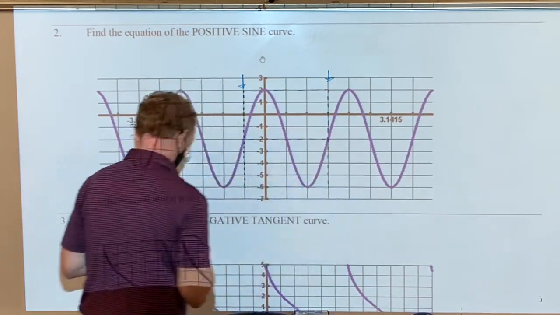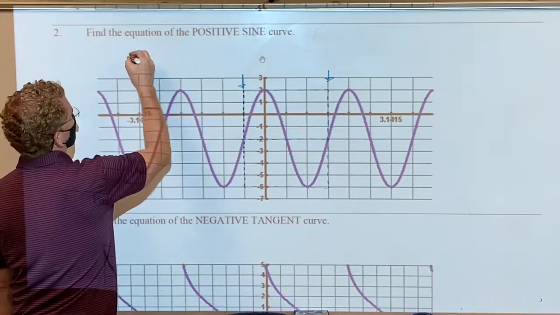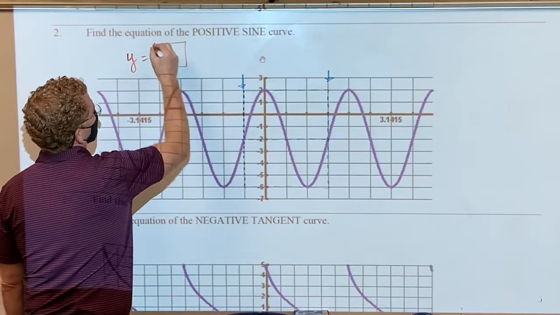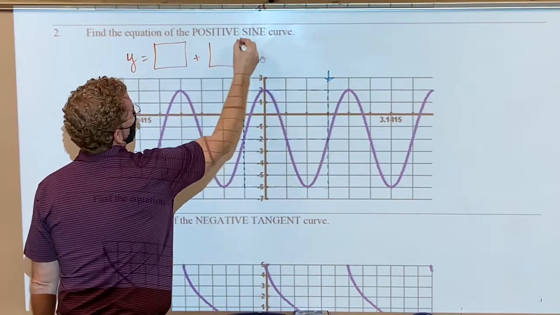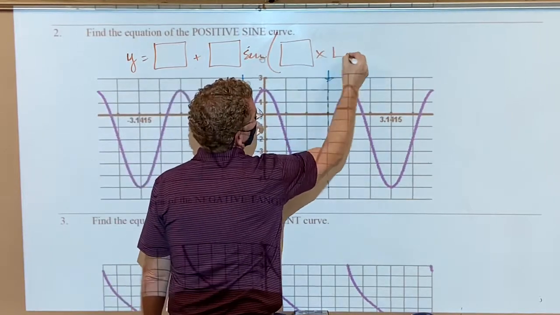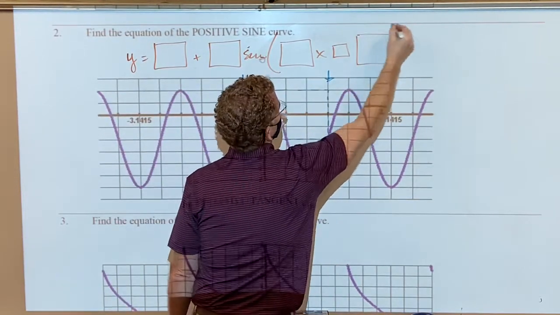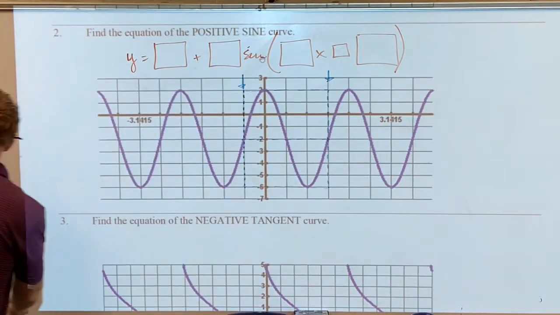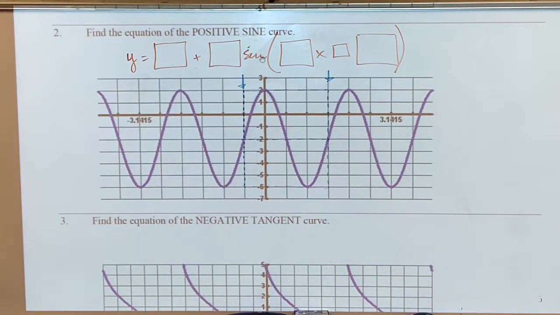And from this, again, you would probably be given y equals box plus a sine of box x plus or minus, you figure it out, ending box. So any quick things you can fill in?